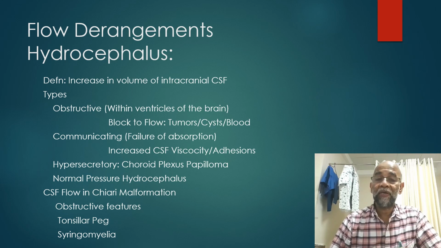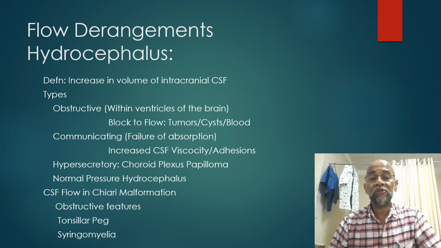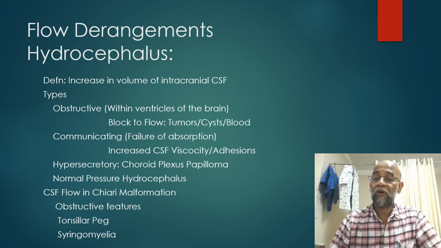This kind of obstruction can be a congenital block, or it can be an acquired block because of some cysts, like a colloid cyst of the third ventricle, because of tumors which are obstructing the third ventricle or pushing the third ventricle up, or because of posterior fossa tumors. A block to flow can also occur because of blood clots.